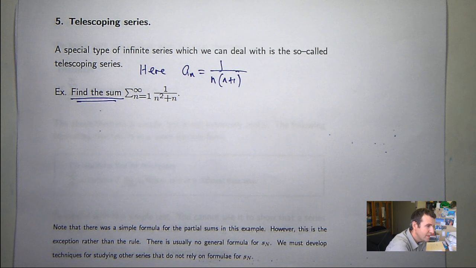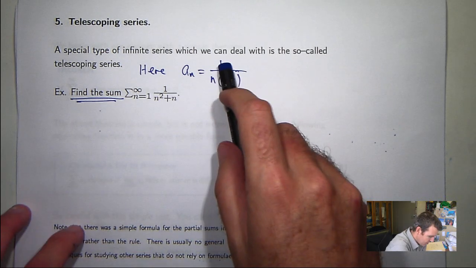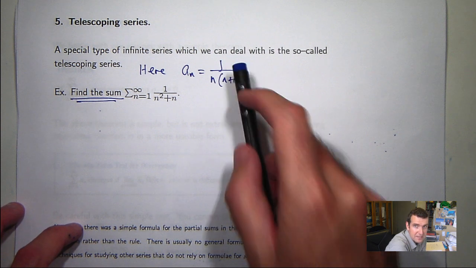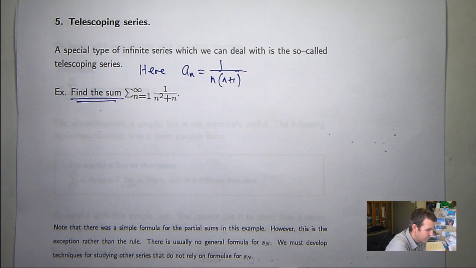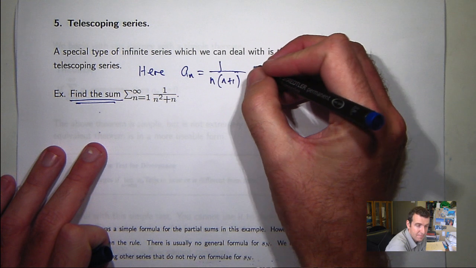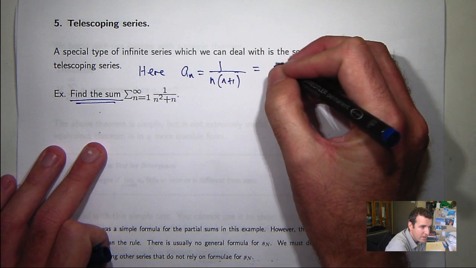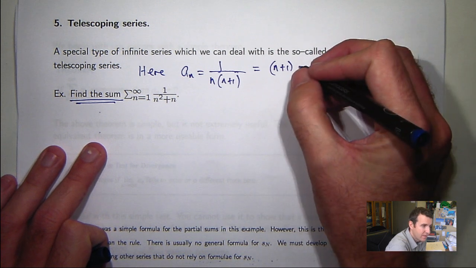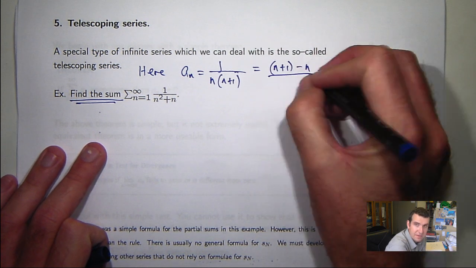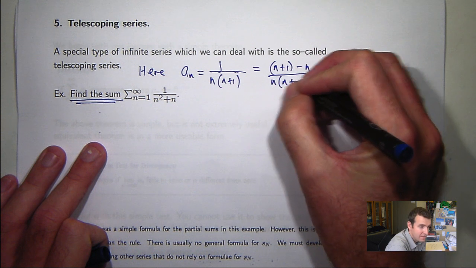Okay, so here we're going to let a sub n be 1 on n squared plus n. So I'm just going to factor that. And what I'm going to do is break that up into two terms. Now, you can do this a number of ways. You can use partial fractions and, for example, the method of undetermined coefficients, but there's a simpler way. If you just add n to the numerator and take n away, then you can break this up very nicely and very easily.